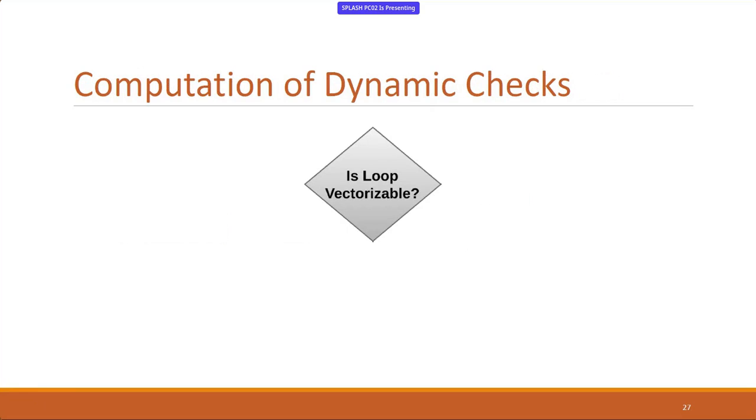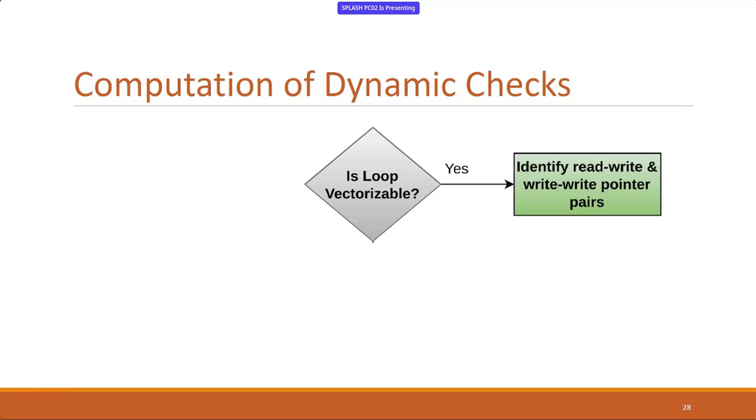The dynamic checks are computed based on the optimization potential of that loop. It first checks if the loop is vectorizable. As we discussed earlier, if the loop is vectorizable, then there should not be any memory overlaps inside the body of the loop. So we add the dynamic checks between all the read-write and write-write pointer pairs.